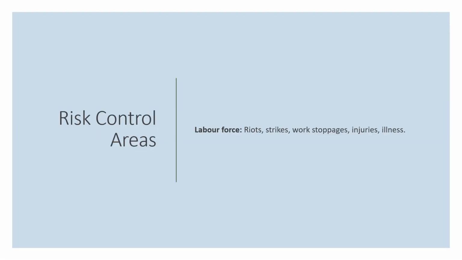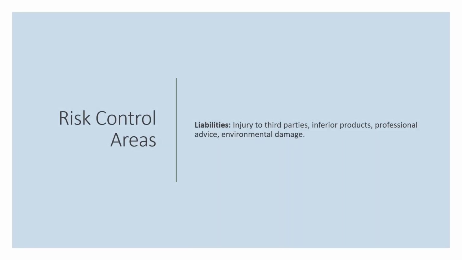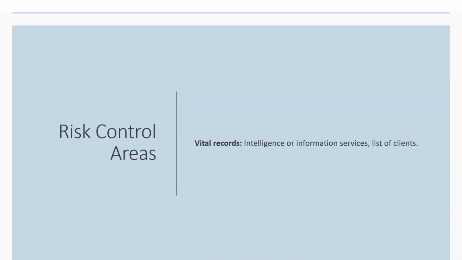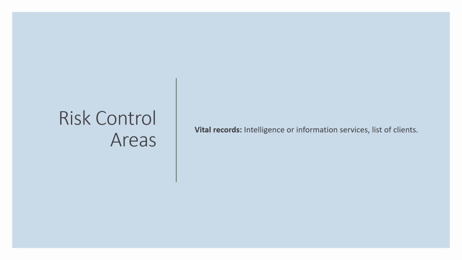The risk control area of labor force: riots, strikes, work stoppages, injuries, illness. Liabilities: injury to third parties, inferior products, professional advice, or environmental damage. Vital records: intelligence or information services, list of clients.